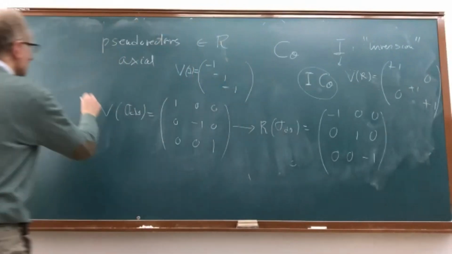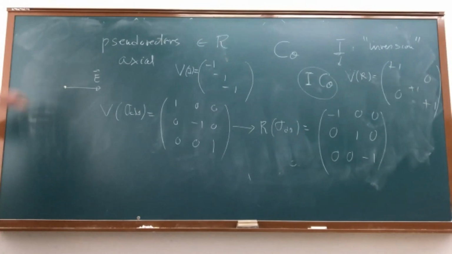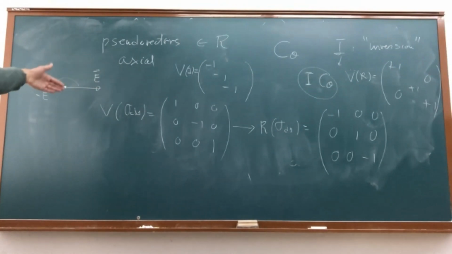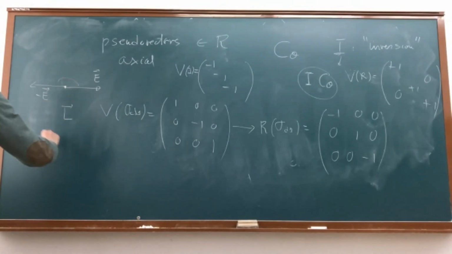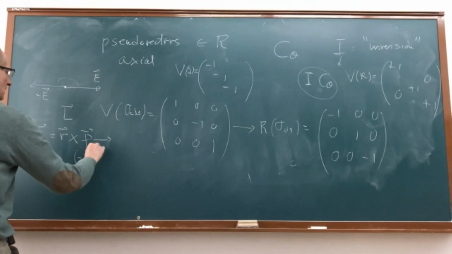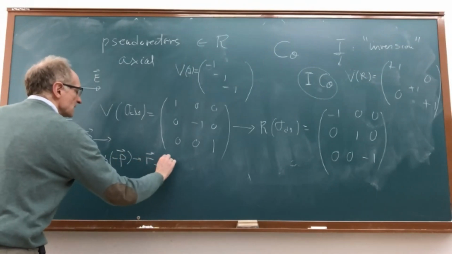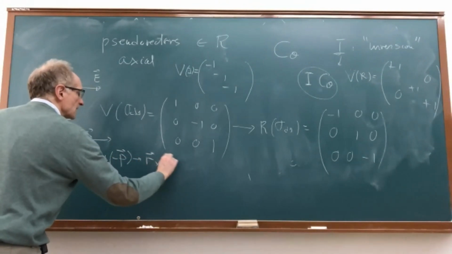An ordinary vector, like the electric field, under inversion becomes minus itself. That's true for vectors, okay? However, if I take something like the angular momentum, since this is a wedge product of two vectors, r goes to minus r and k goes to minus k, so it goes to itself. And that's the general rule for pseudovectors.